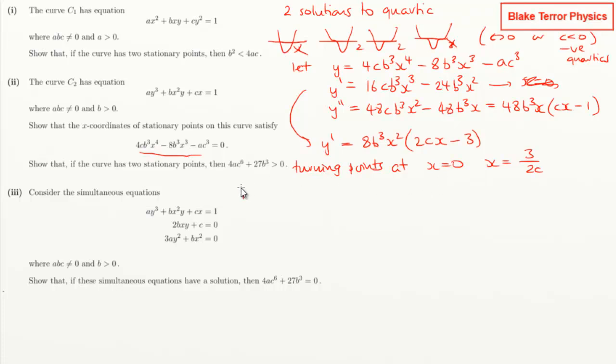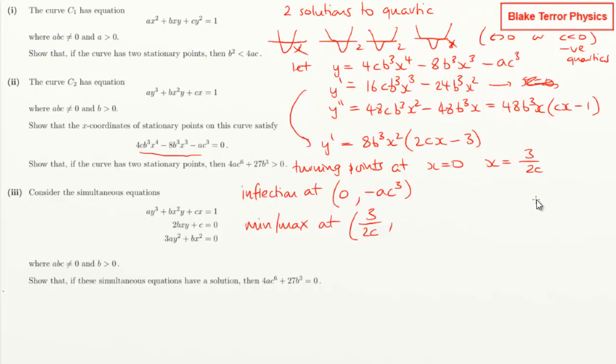So I've got inflection at 0. When x is 0, y is minus ac cubed. And I've got a min or a max at 3 over 2c. And then what happens when I put 3 over 2c into here?